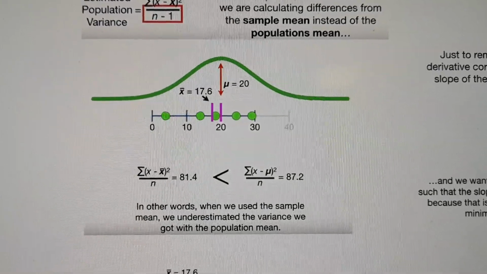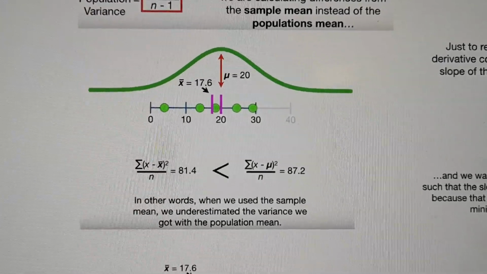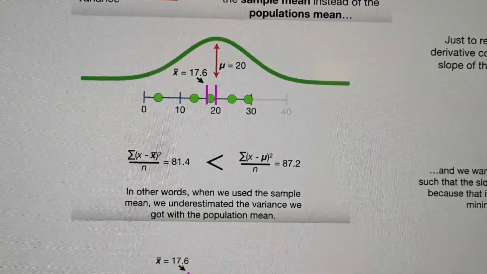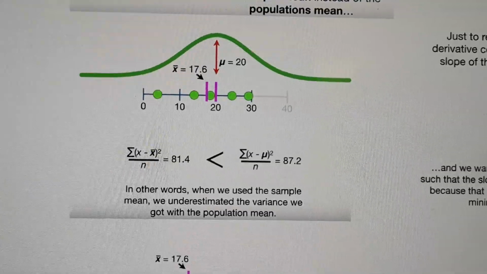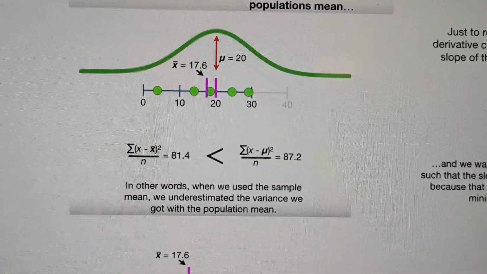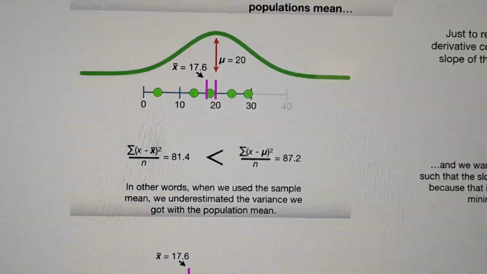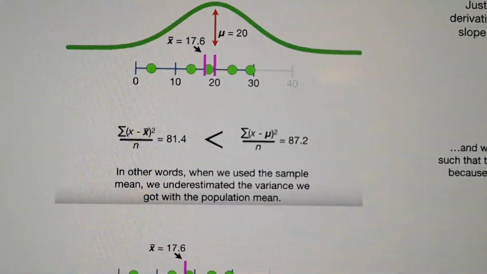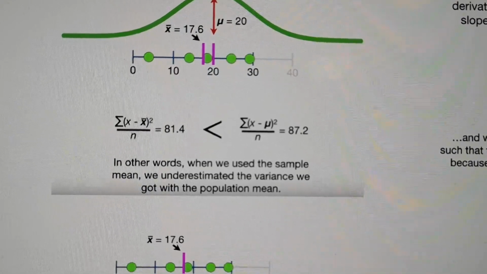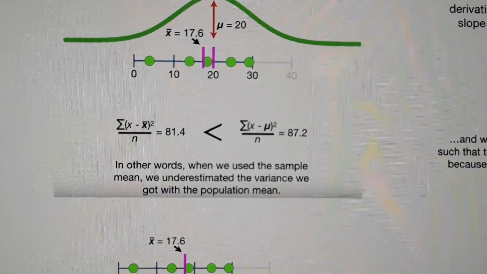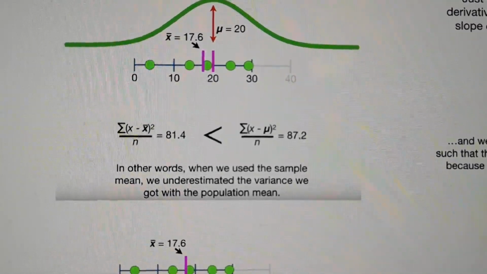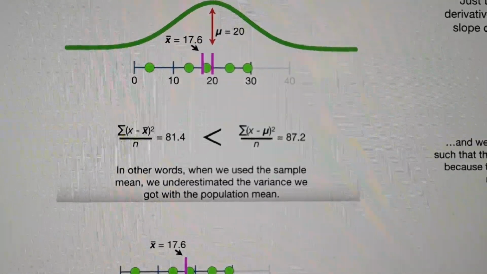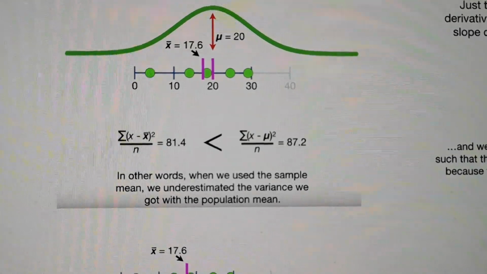denominator here. In this example, when we get x bar, it's a little bit smaller than the true mean, 20. And when we calculate the estimated variance, this is what we get. The 81 is less than the true population variance of 87.